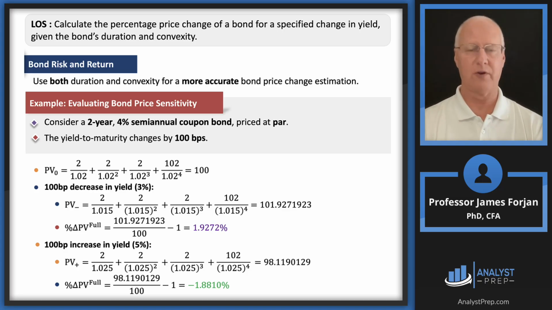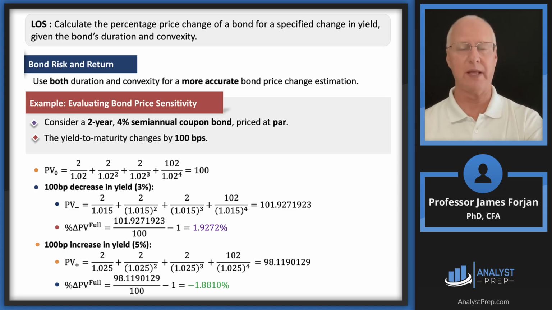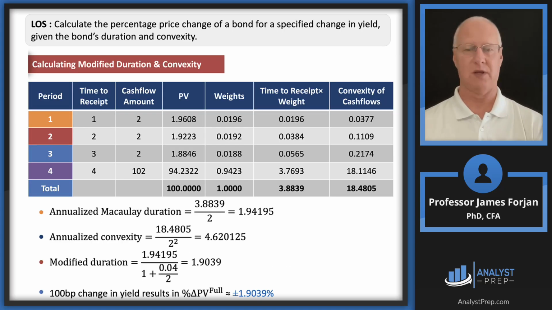If the yield increases to 5%, the bond value loses 1.8810%. All right, so those are calculations that we made using our bond pricing model. So the question then becomes, what happens if we use duration and convexity? What numbers will we get? Will we get the purple number? Will we get the green number? Or will we get some other number?